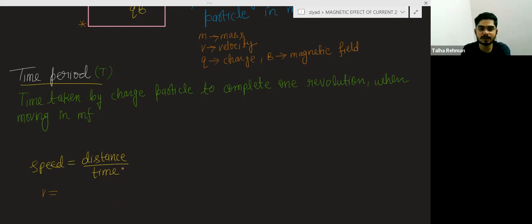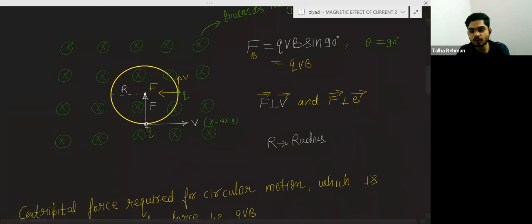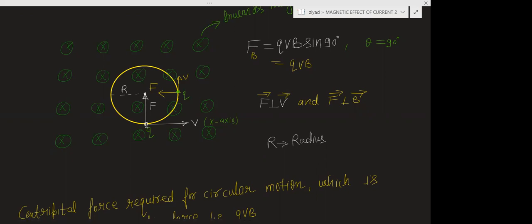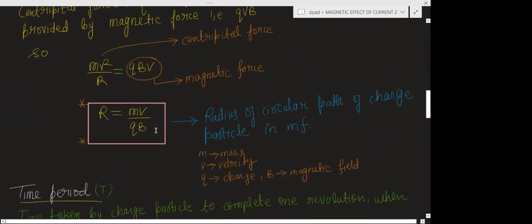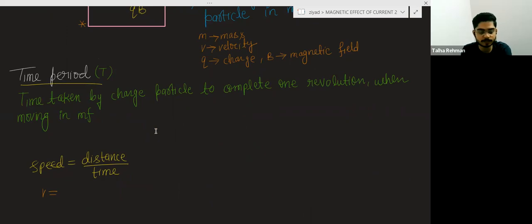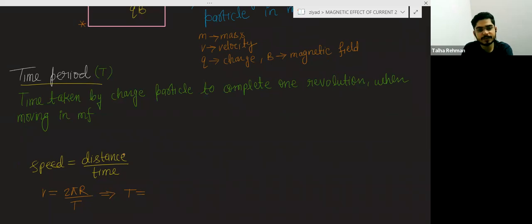The distance covered when it moves from this point back to this point is 2 pi r, the whole circle, that is the perimeter of the circle. So v is equal to 2 pi R divided by the time T. From here the time period will be 2 pi r by v.